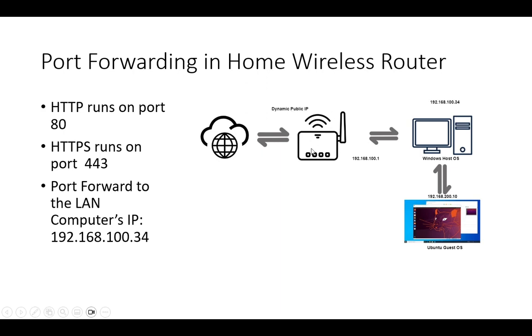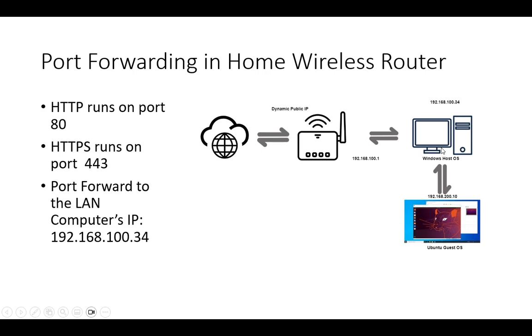It will go through our router, and then it will be port forwarded to this machine. And then this machine, upon receiving the port forward request from the router, will port forward the request to the guest operating system, which is Ubuntu. So now we're done with the configuration in VirtualBox.